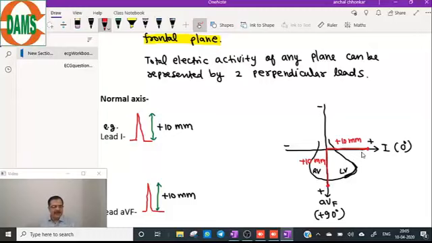Now we will take the net vector of lead 1 and AVF, and the net vector will come in the quadrant of the left ventricle side. So here will be the net direction of depolarization.